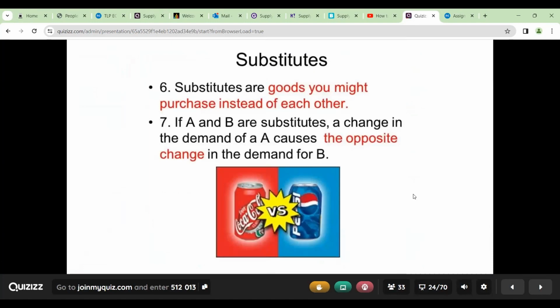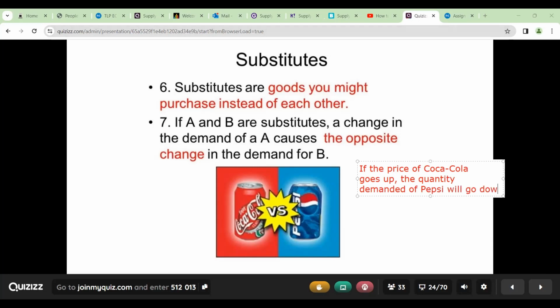So in this case, substitutes are goods you might purchase instead of another. So if the price of Coca-Cola goes up, the quantity demanded of Pepsi will go up, because people will buy more of the cheaper Pepsi compared to Coca-Cola.